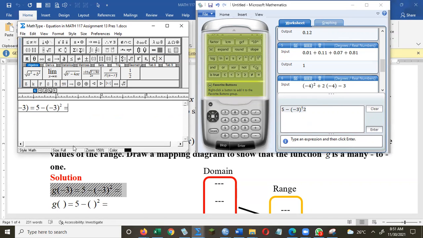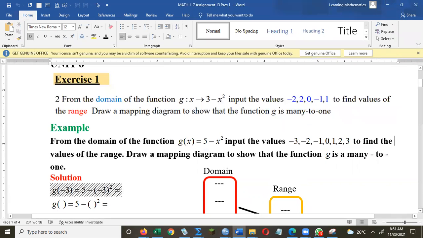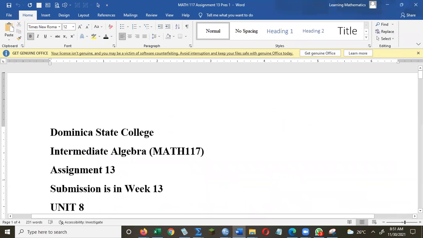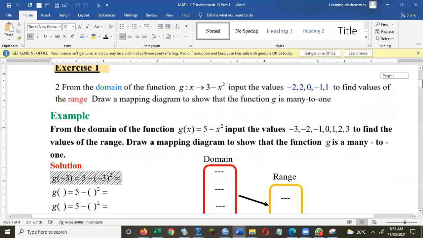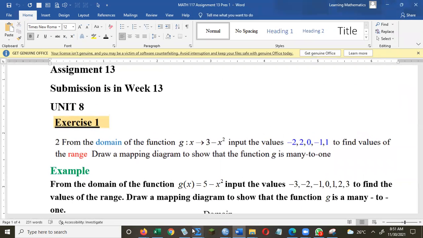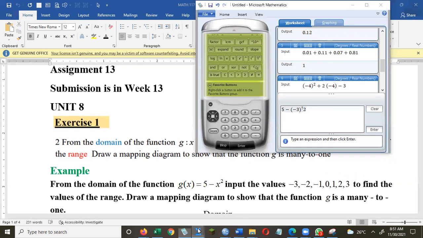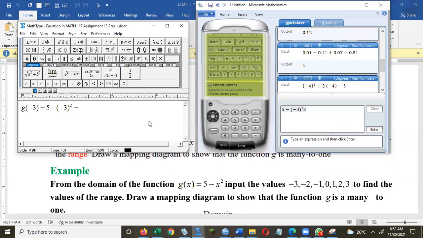We substituted -3 into the function that we are using in the example, which is 5 minus x squared. I'll give 1 minute for anybody who would like to suggest the answer.